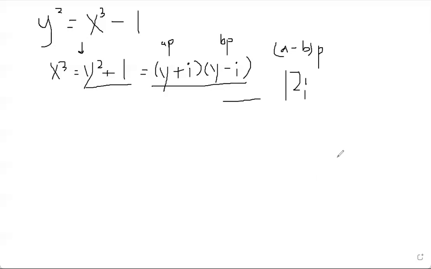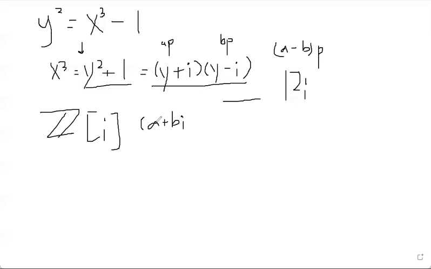Now, here's something important to note when we're working in this ring of Gaussian integers. There's a certain property of numbers called the norm of, let's say, a plus bi. It's sort of like a determinant in some sense.